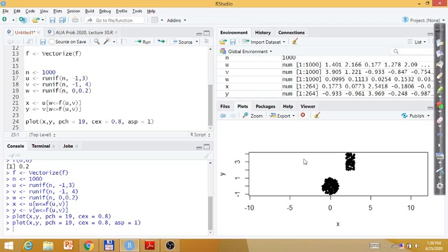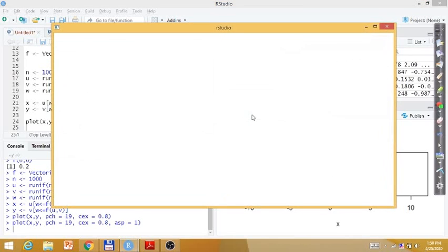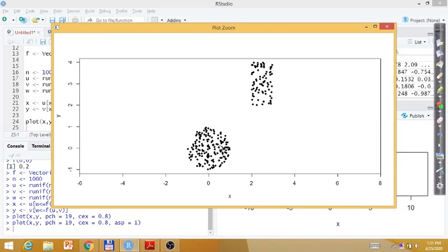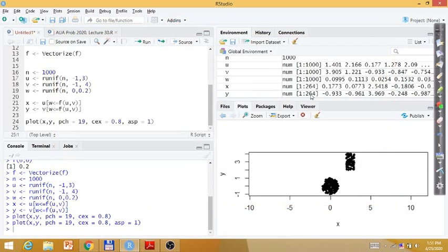So I will have this kind of graph. So let's see what it will show. Yeah, so I have points generated here and points generated here. I will increase the number. I have just 264 numbers, so I generated 1000, and only 264 were successful.